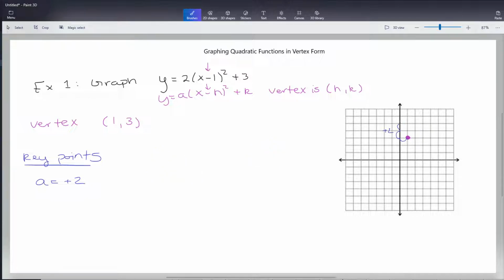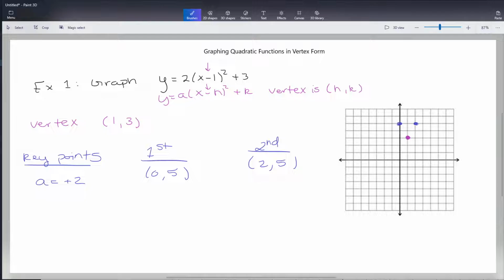I want you to be able to see the shape of the graph. So the first key point was the point 0, 5. That was right here. And my second key point was the point 2, 5. That point was here.